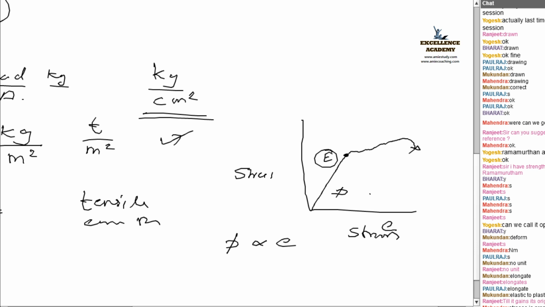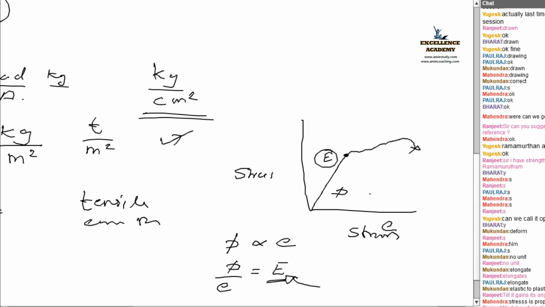That is, stress by strain is equal to E, where E is the Young's modulus of elasticity. That is a property of the material. Young's modulus of elasticity. Modulus of elasticity. Yes, what Benji said is right.